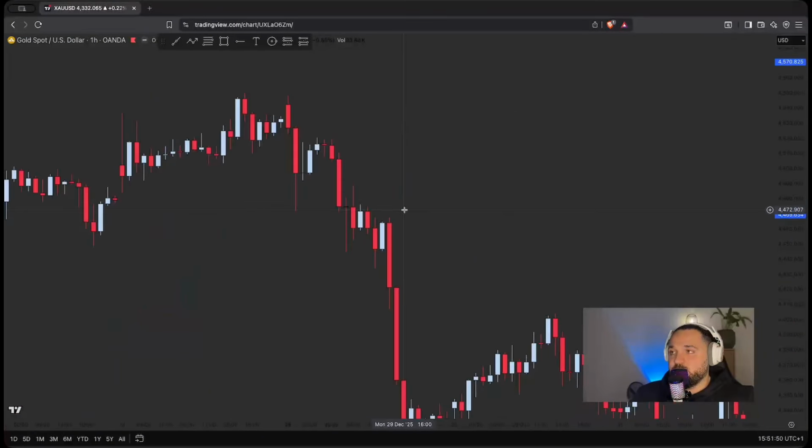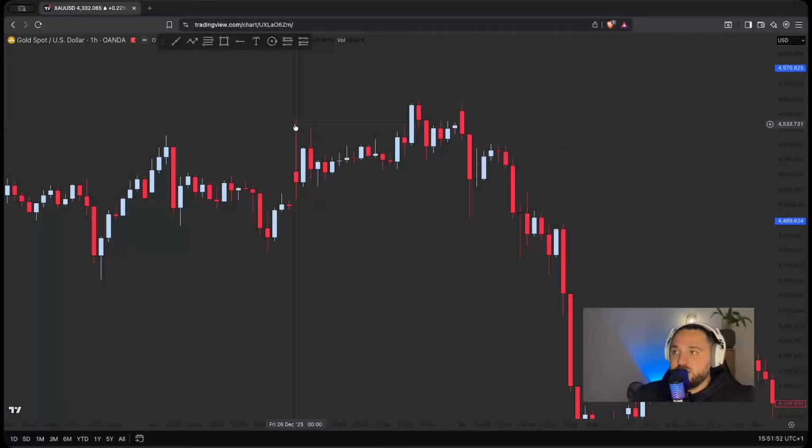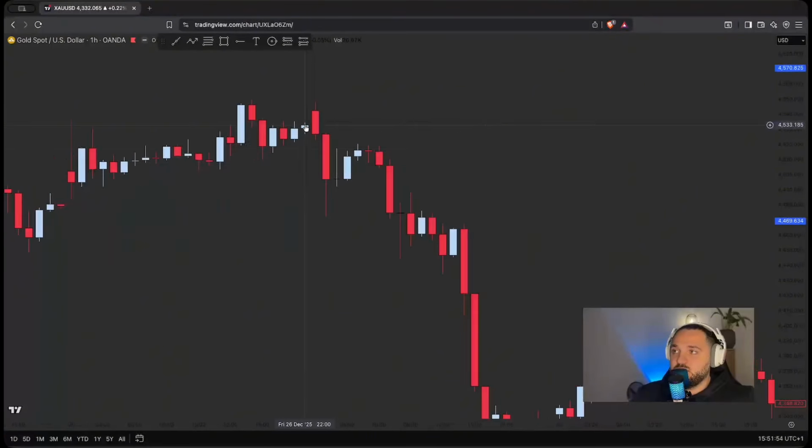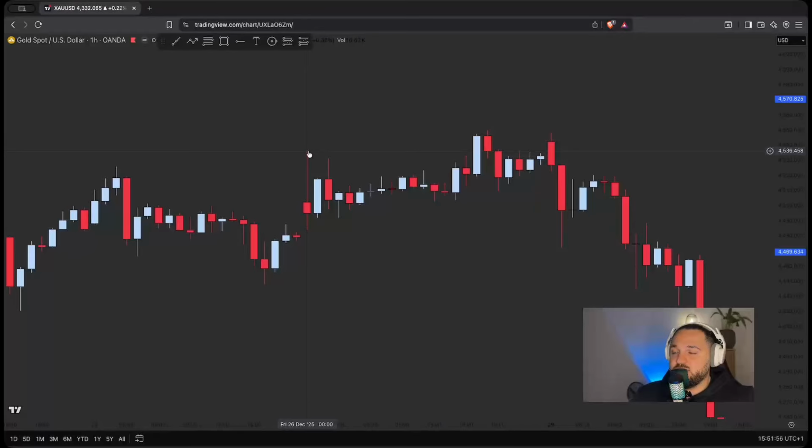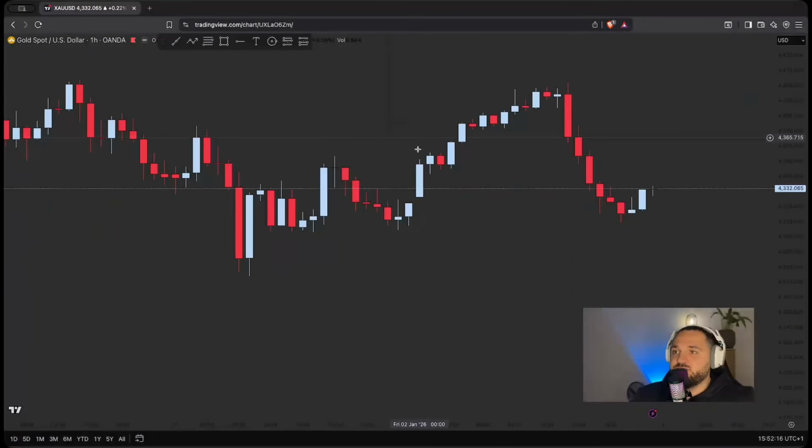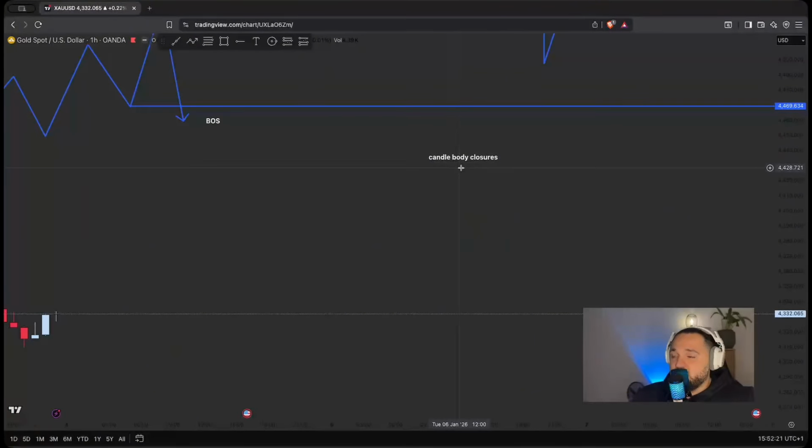Just because the price came up here and there's a long wick that left a trail, it doesn't mean that we're going to draw our market structure on that wick. Market structure always counts on the candle bodies, where the candle body opened or where the candle body has closed. So that is the first rule of market structure. We are always looking for candle body closures.